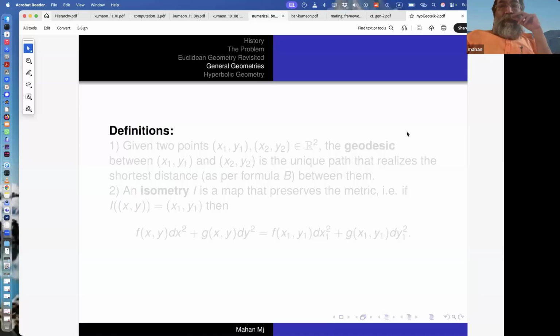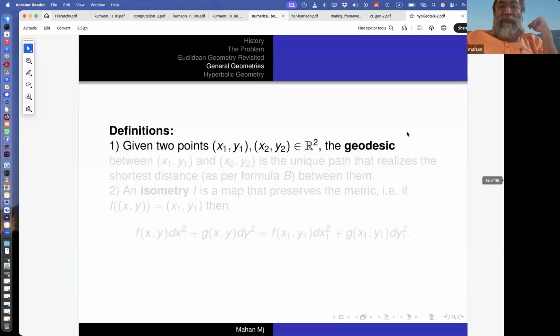So here, let's just revisit what are straight lines in this geometry and in this modified geometry. Since we have modified the background, we need to replace the notion of straight line by something more general. And this is a word, it's called a geodesic.